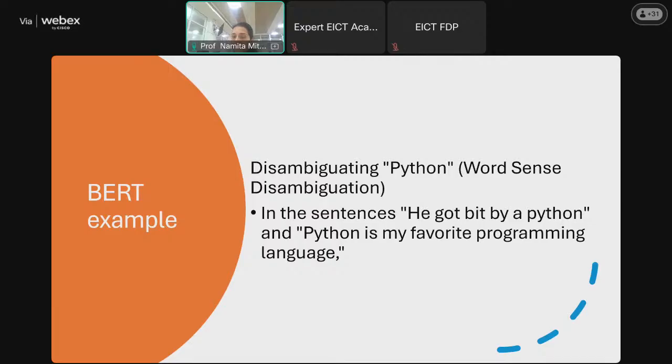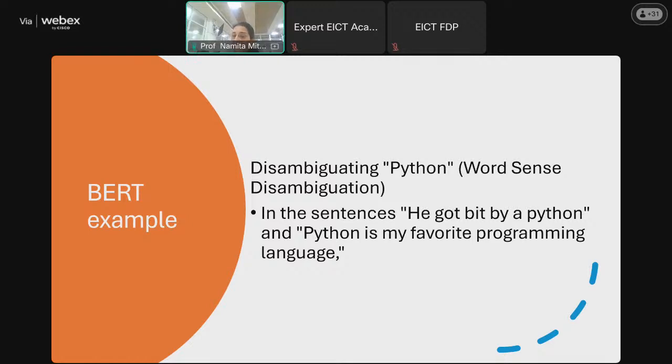Because human beings are intelligent, they understand that whenever bit and python are there, we are talking about the snake. And in the second sentence, Python is my favorite programming language, it's obvious that we are talking about Python, the name of a programming language, right? So here we need to disambiguate. BERT does it for us.